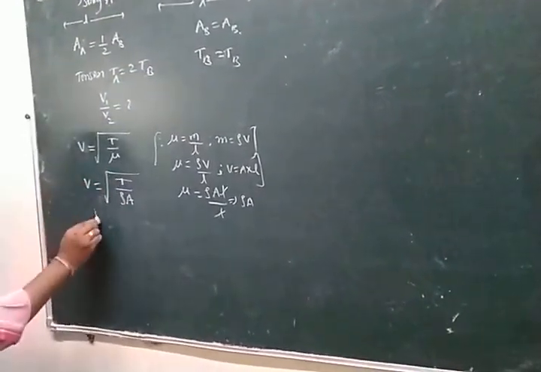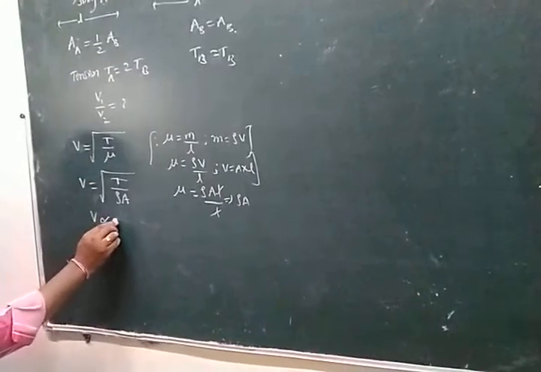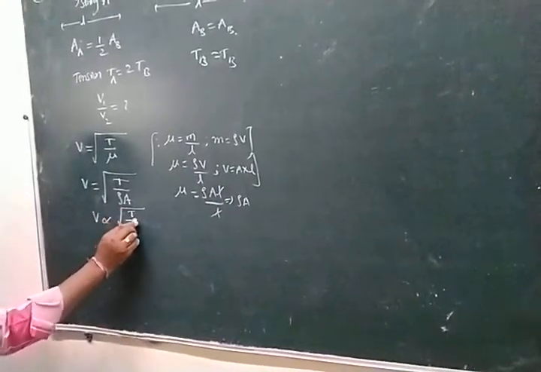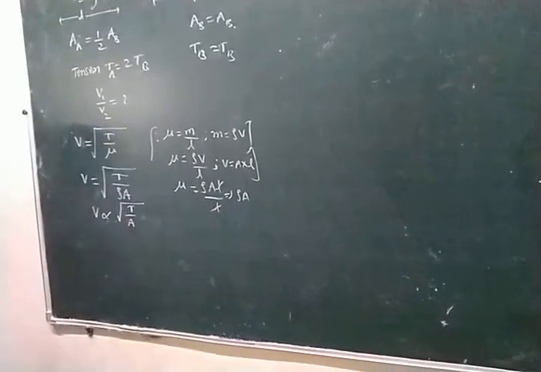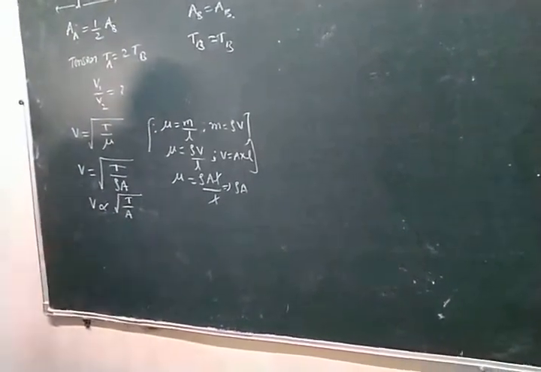Here the velocity is directly proportional to the square root of tension and inversely proportional to the square root of area.